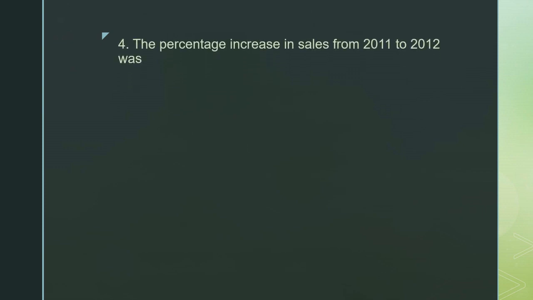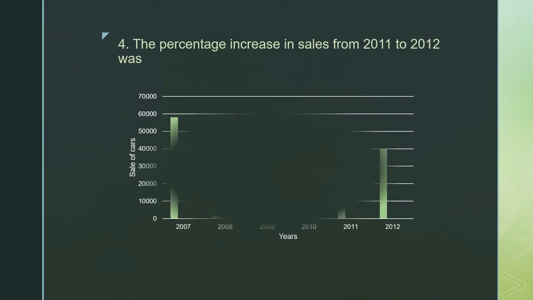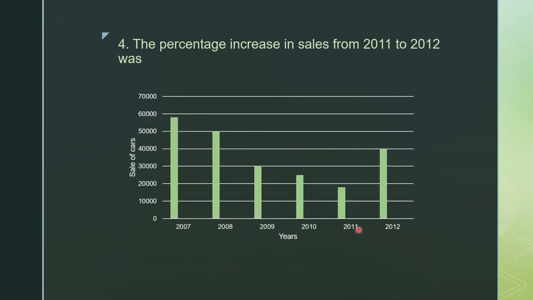Fourth question. What is the percentage increase in the sales from 2011 to 2012? We already calculated this value. In 2011 the initial value is 18,000 and in 2012 the final value is 40,000. So the final value is greater than the initial value.